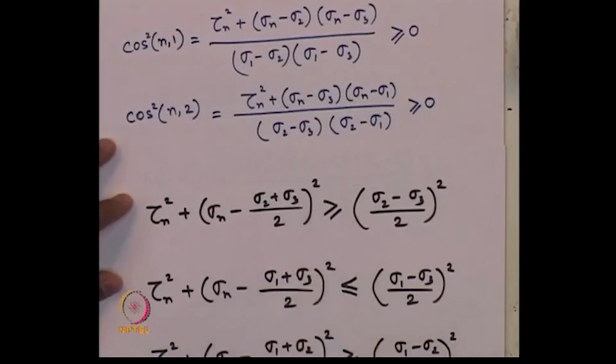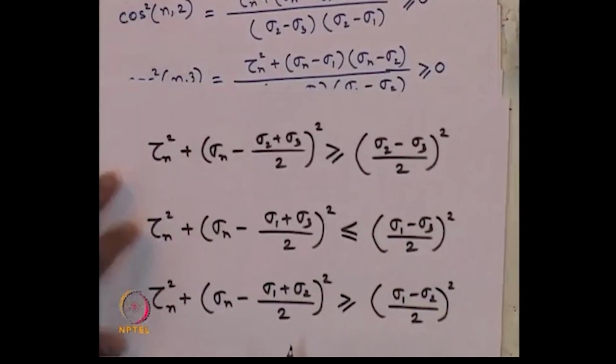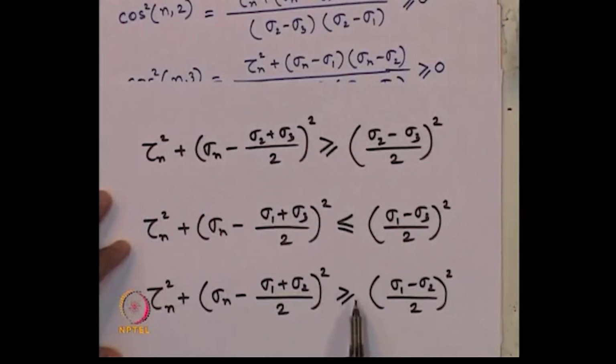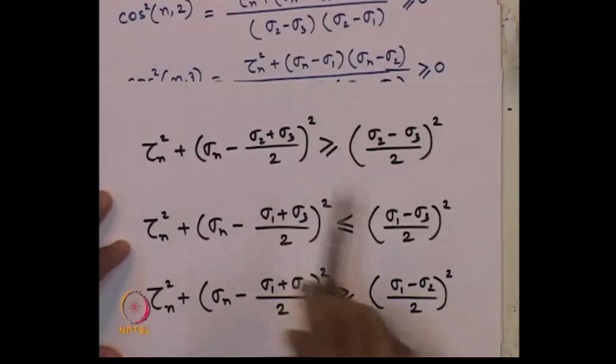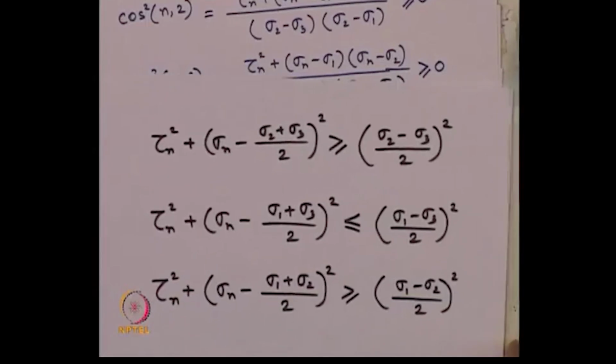If you simplify, you will get it, and for the third relation, this is positive. So, if you take it here, you will finally obtain this relationship, greater than or equal to, like this. So, from these three relationships, now we have to see how we can draw these 3D stresses in two dimensional Mohr diagram form. So, that we will continue in our next lecture.